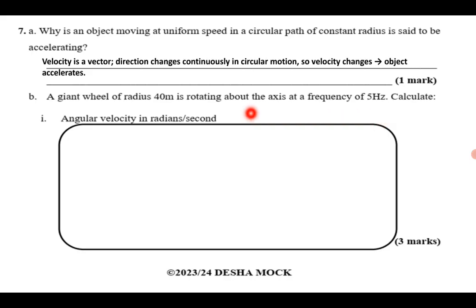You're only given the radius here and the frequency. So angular velocity is calculated using the formula omega, small omega, which looks like a W, angular velocity is equal to 2 pi multiplied by frequency.